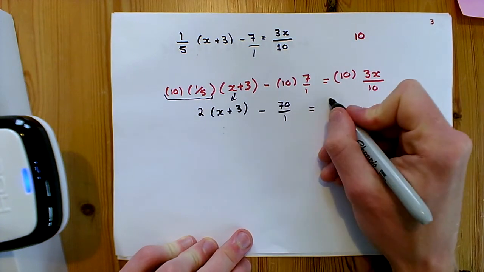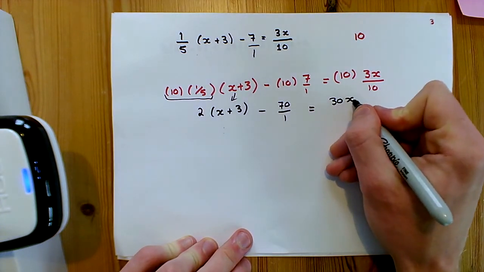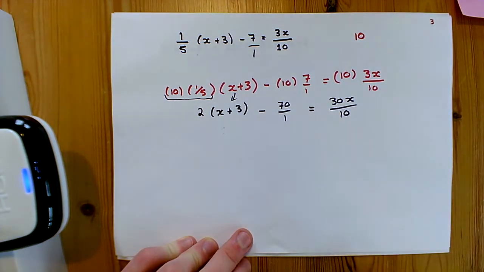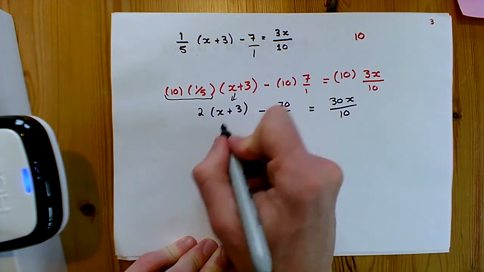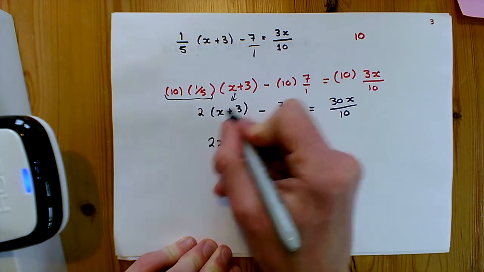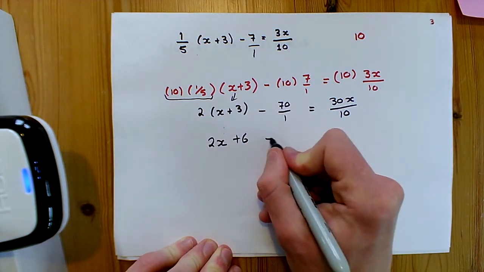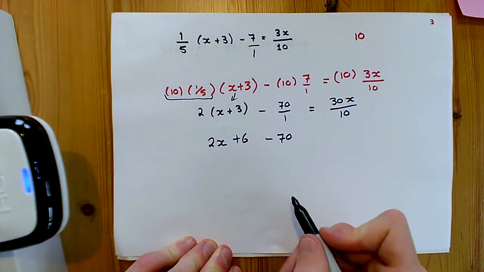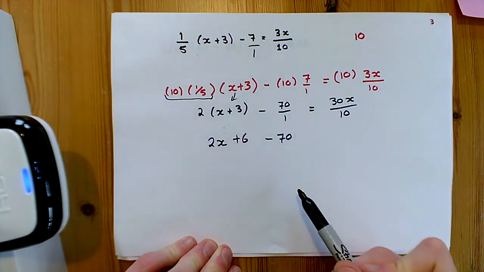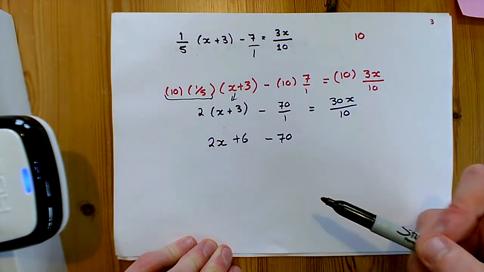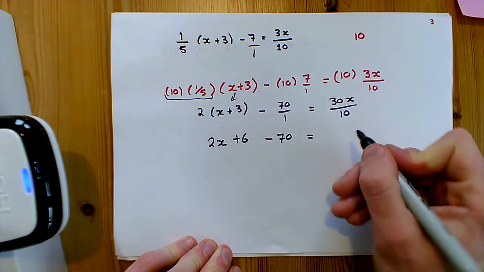And then 10 times 3x, that would give me 30x over 10. Now to multiply these out once more, 2 times x would give me 2x, 2 times 3 would give me 6, minus 70. I'm just going to leave out the over 1 this time, because anything over 1 is itself. And then we have 30x over 10.